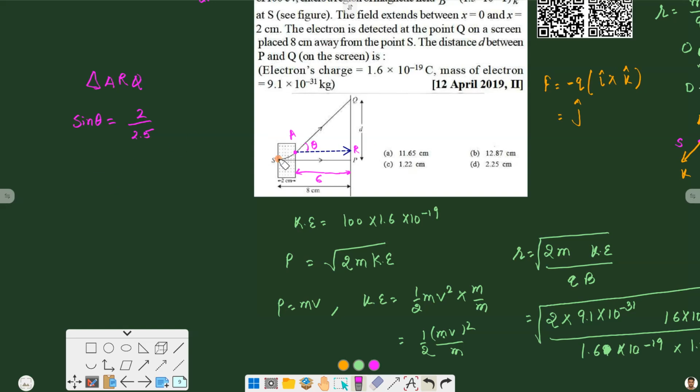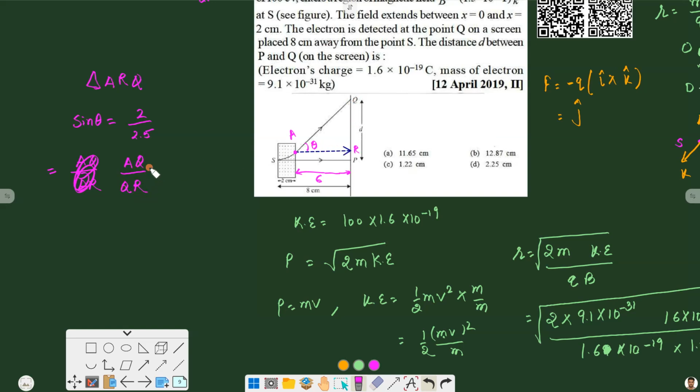So in this triangle, AQ by AR is equal to sine theta. Oh, sorry, not sine theta. Actually, it will be cos theta. We have to write the value for sine theta. Sine theta will be AQ by QR.